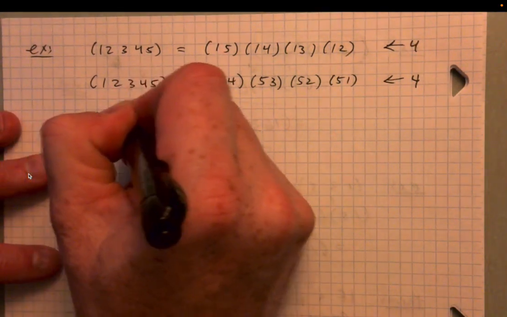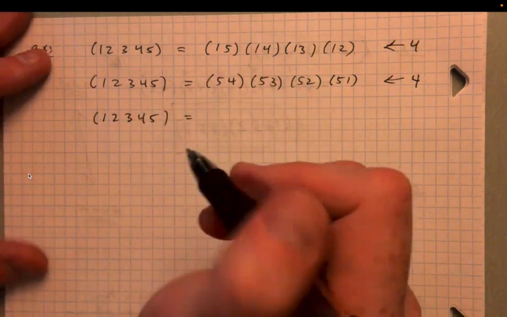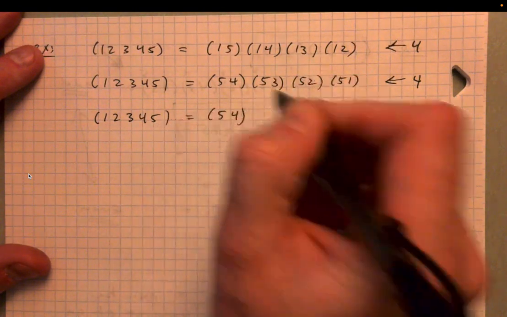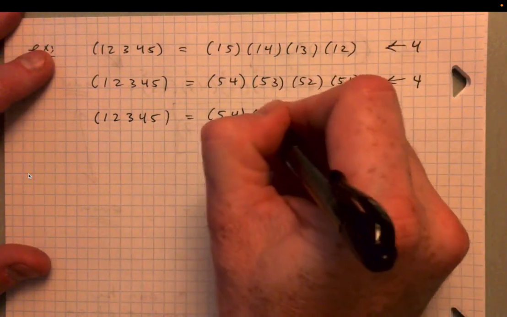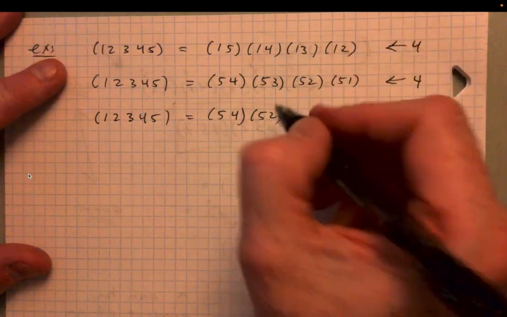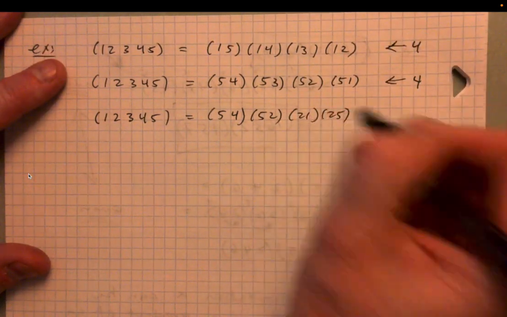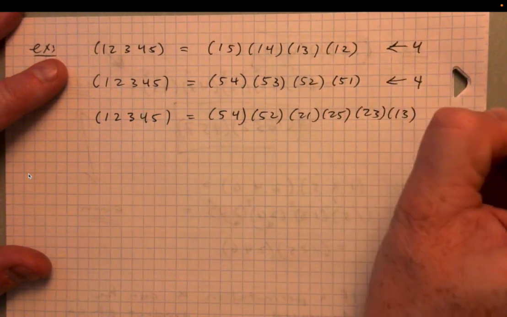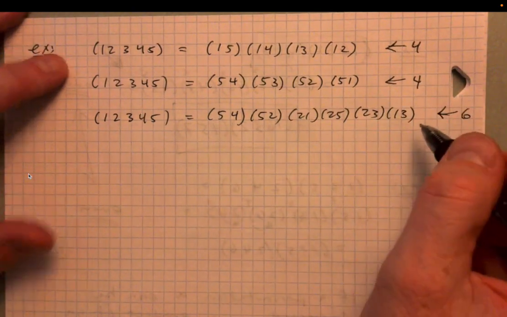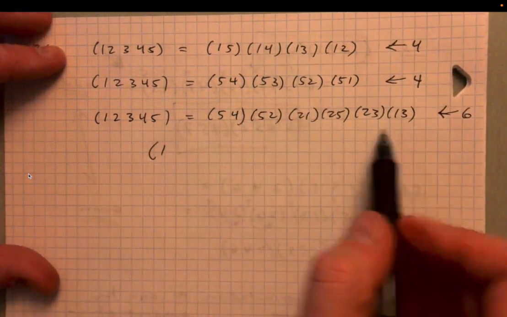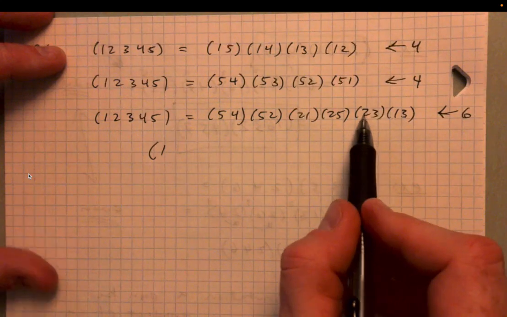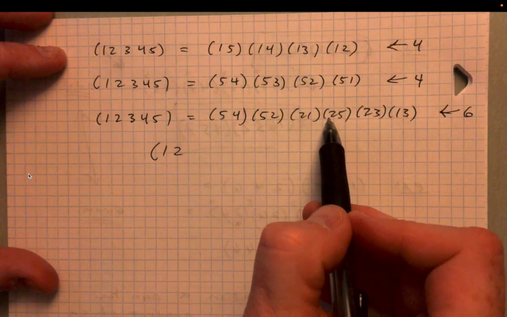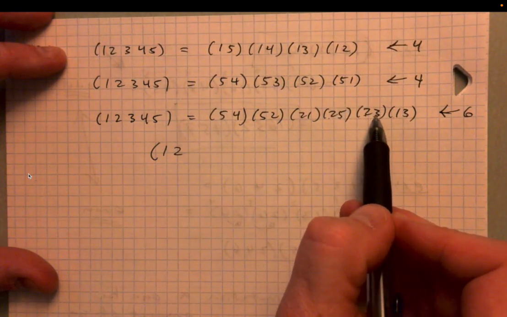One other one to look at is maybe this one. They become a little more complex, tricky to figure out. But we could go like this: 5, 4, 5, 2, 2, 1, 2, 5, and then 2, 3, 1, 3. Obviously there's 6 of them here. Now, does this one even work? Let's see here. 1 goes to 3, 3 goes to 2. 2 comes in, 2 goes to 3.